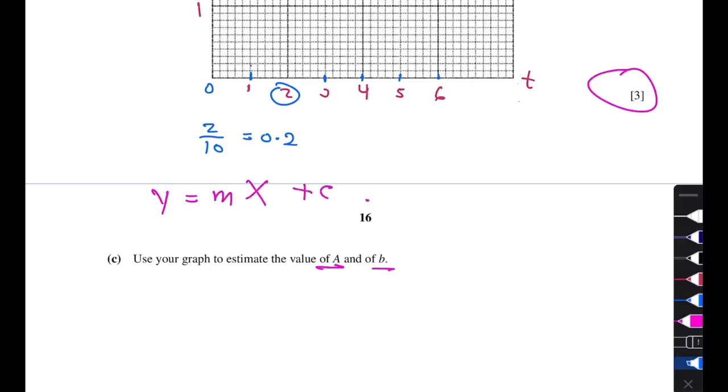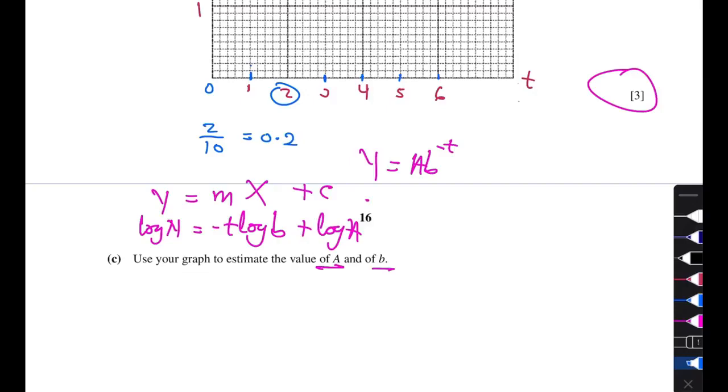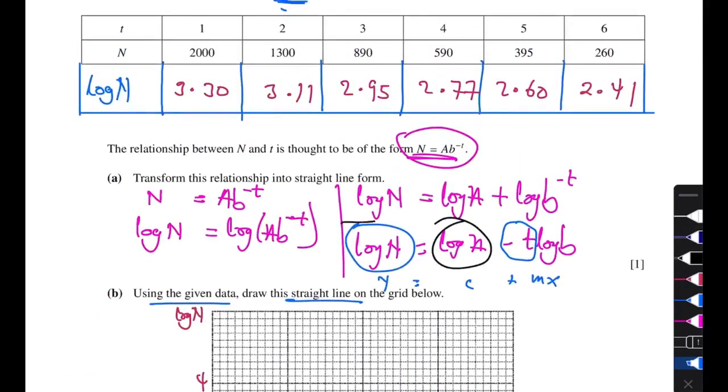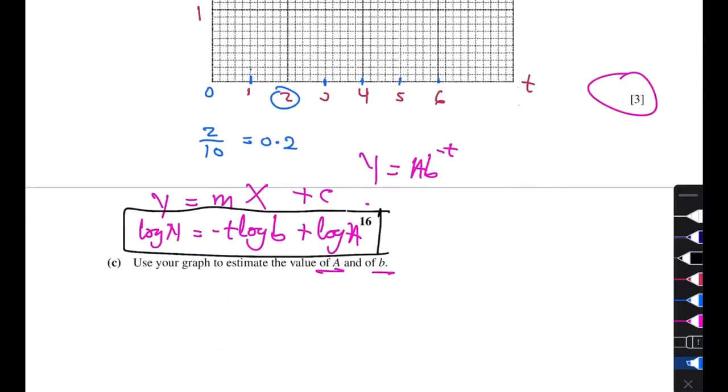And that was log N equals negative t log b plus log a. When we were given something like this and then we worked on it, this is what we got, remember? That's exactly what we have here.